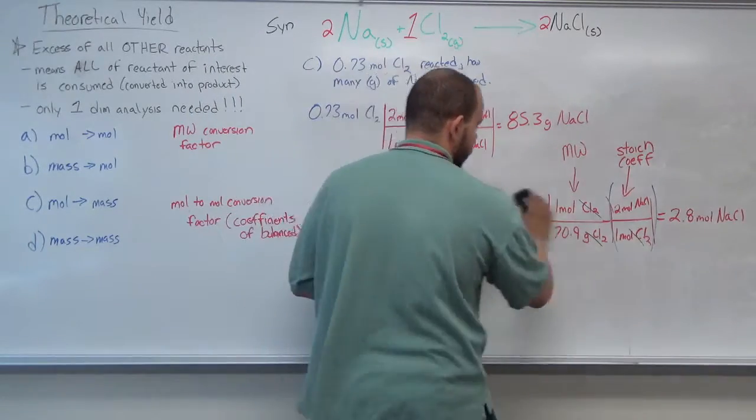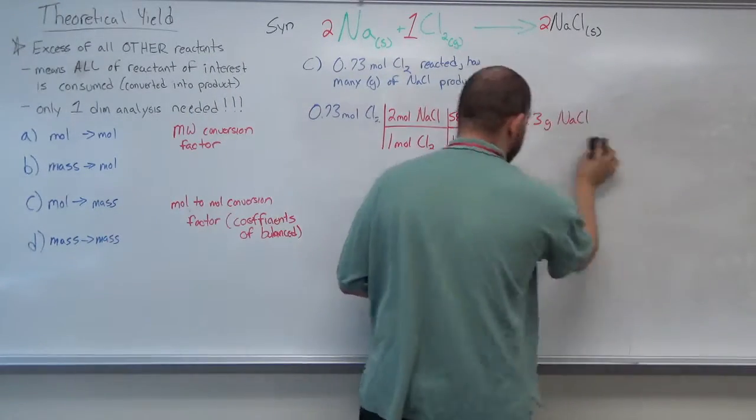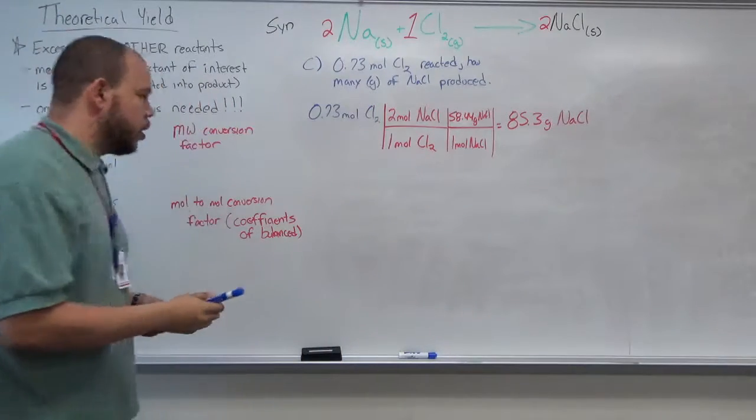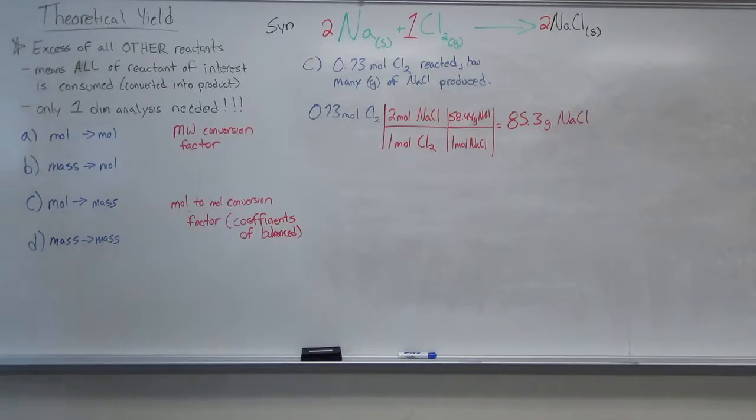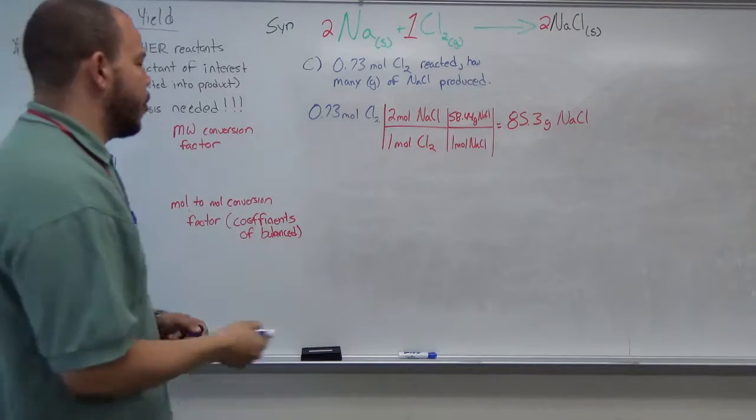Exactly. Same thing. All right, last but not least, obviously the most complicated one: mass to mass. Starting with a mass of a reactant and then finding a mass of a product.